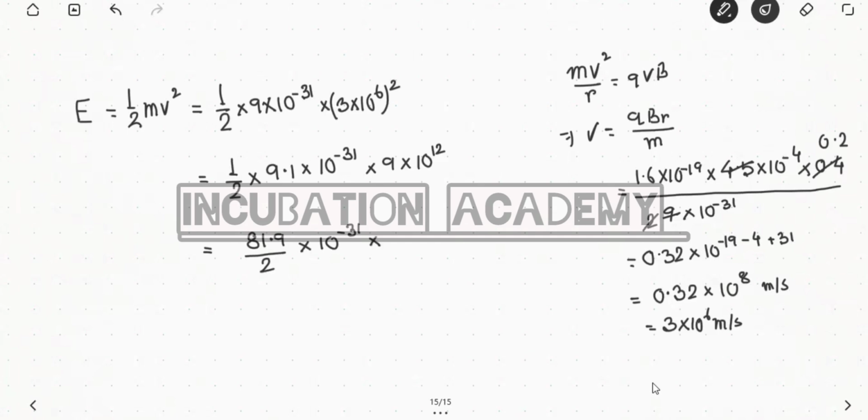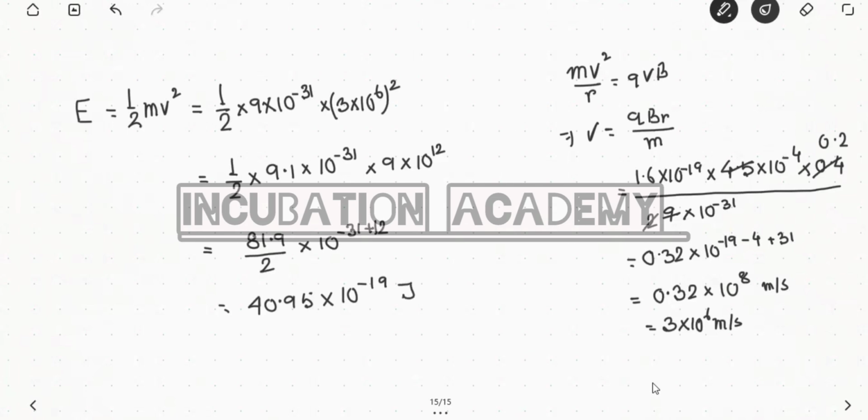So 81.9 by 2 is 40.95 into 10 to the power minus 31, so it will be minus 19 joule.